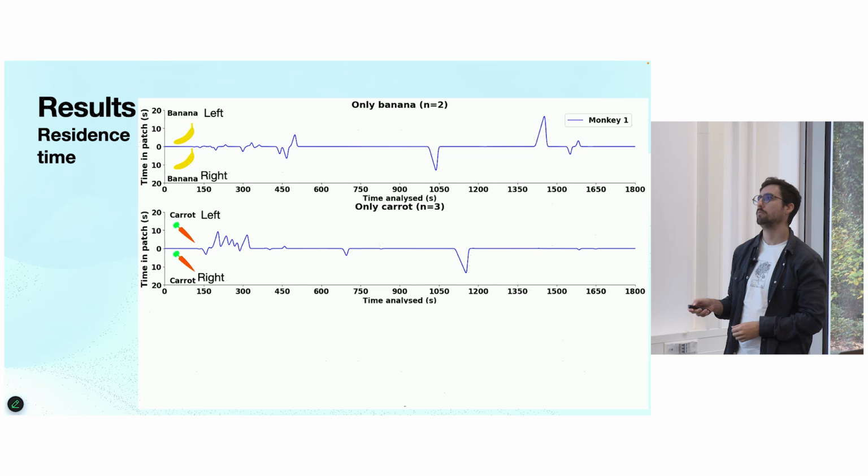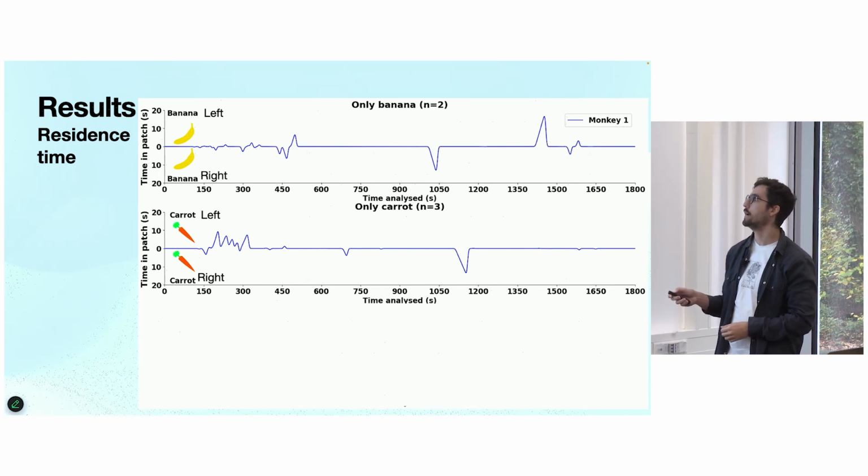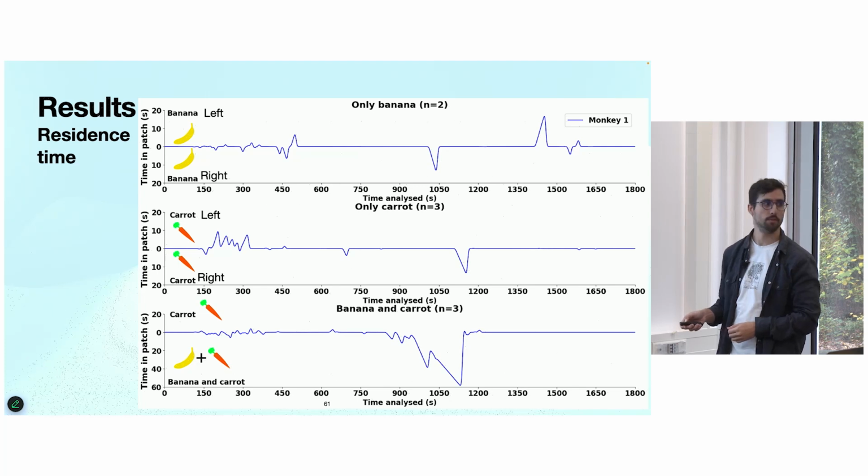They go to the right, see what's there, go to the left, spend more time there, but they come back, and so on. And when we present carrot against banana and carrot, we can see that these marmosets explore both of the patch foods, but then they spend a lot of time in the patch with banana and carrot.